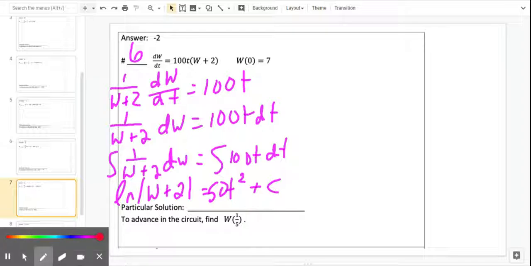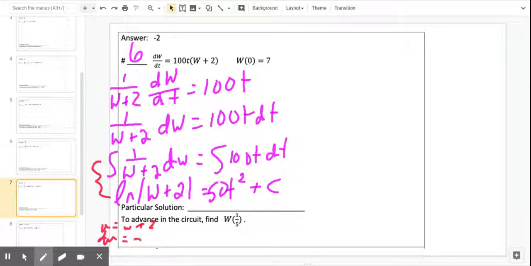If this is something that you're unsure about right here, just know that u is w plus 2, so du is dw, and then this is going to be 1 over u, which is why it's natural log of w plus 2. It's natural log of u. So just remember to use substitution with that.